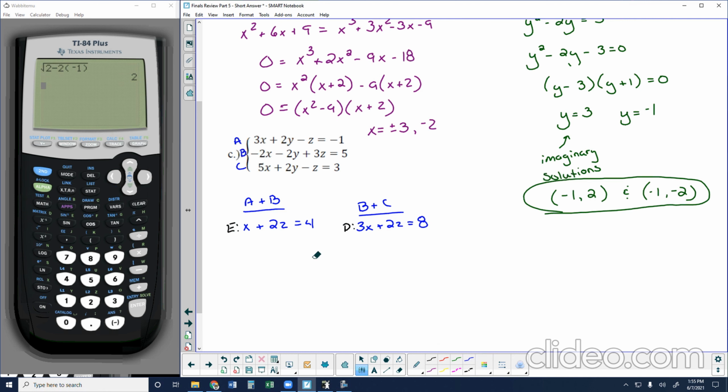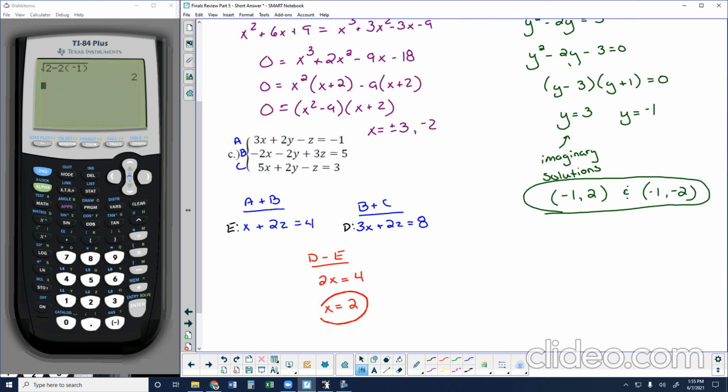Now I can combine D and E in a method that's going to simplify or eliminate at least one of the variables. So what I'm going to do here is I'm going to take D minus E, because I'll notice that the z's will cancel out. So 3x minus x would be 2x. 2z minus z would be nothing. And then 8 minus 4 would be 4. So I get 2x equals 4, and dividing by 2, I can solve for x.